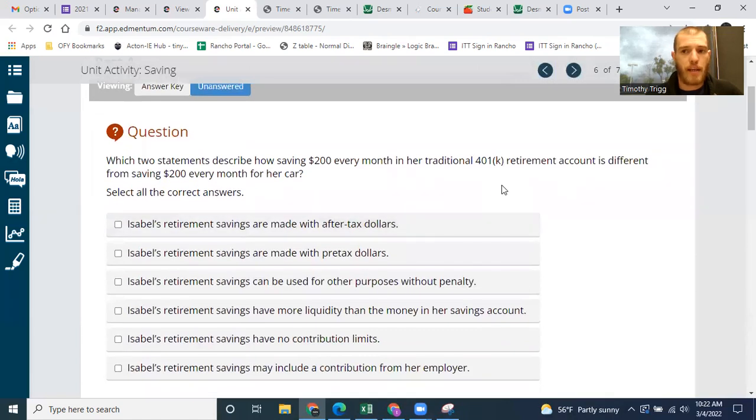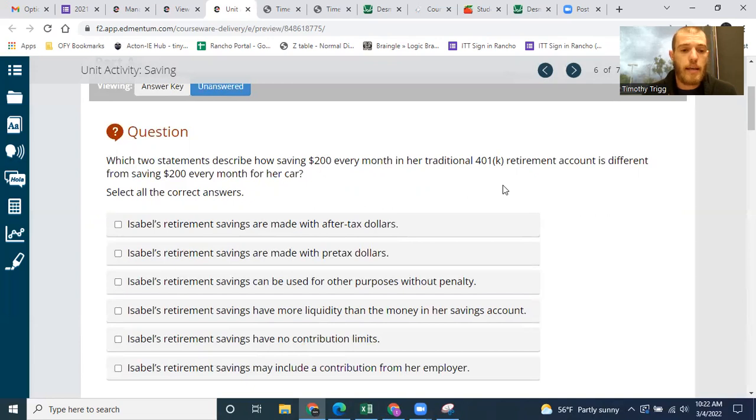So a couple things with retirement accounts. One, you put money in and there's a tax benefit for putting into a retirement account. So when you put into a traditional 401k, which is what in this case it is, it's taken out of your gross payment as opposed to the after-tax paycheck. So there's a tax benefit there, and so that's one key thing.